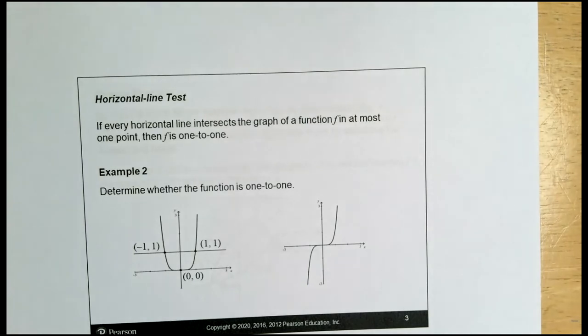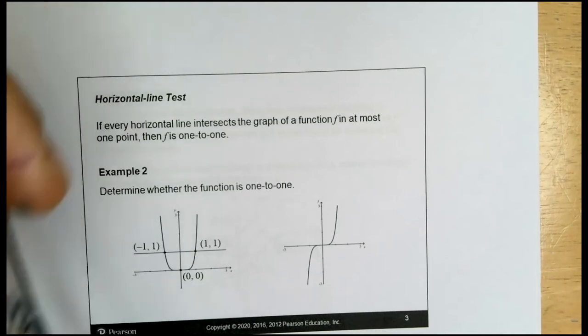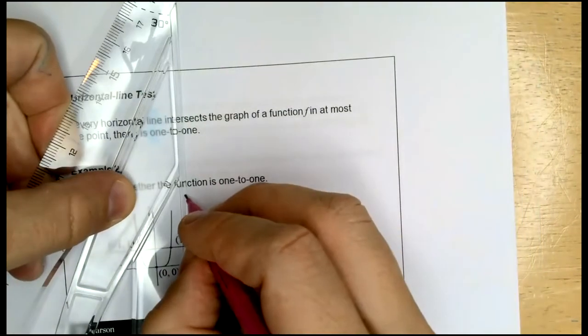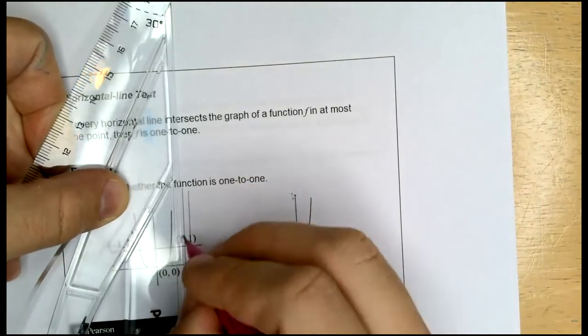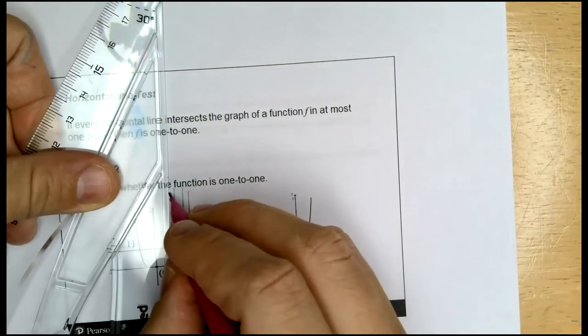All right. If you have the graph of this, you can use a horizontal line test to determine whether or not the function is one-to-one. So remember that a vertical line test tells us whether an equation is a function. The vertical line test means we just thought of a vertical line going across the graph at random.